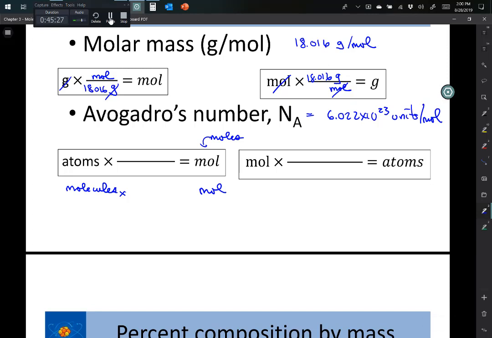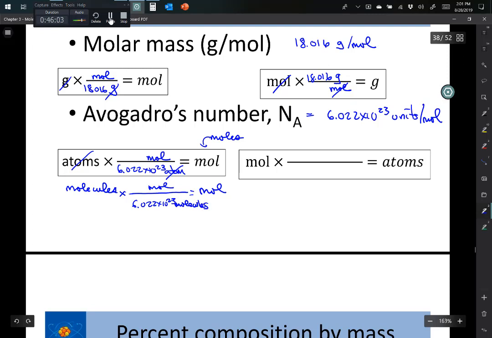So if I'm going from atoms to moles of atoms, I want moles on the top again, and I have 6.022 times 10 to the 23rd atoms at the bottom. That gives me moles of atoms. Again, atoms will cancel, leaving me with the units of moles. If I'm doing molecules, it's the exact same calculation. I'll put moles at the top, and I have 6.022 times 10 to the 23rd molecules.